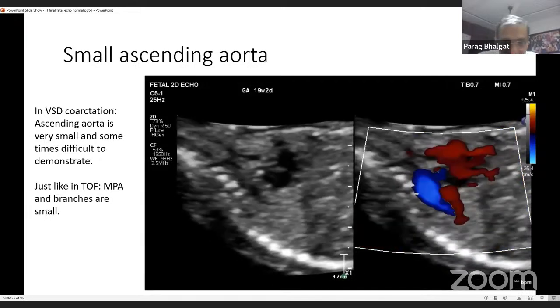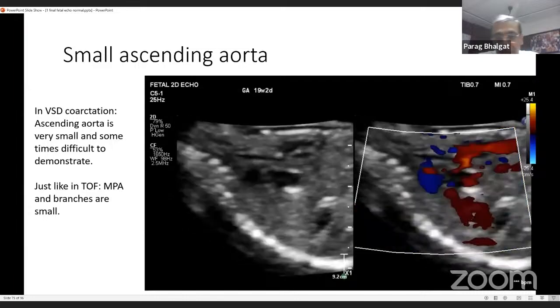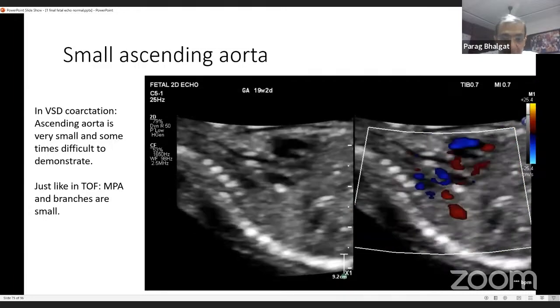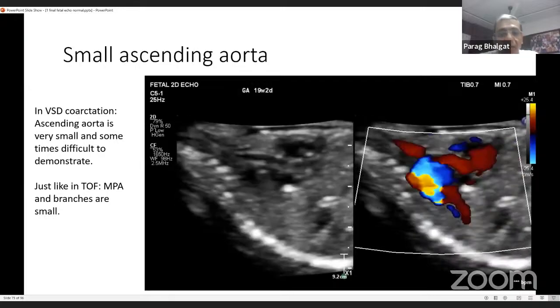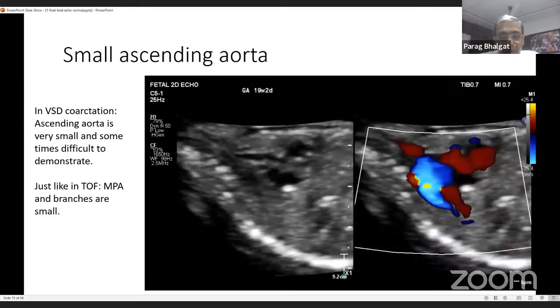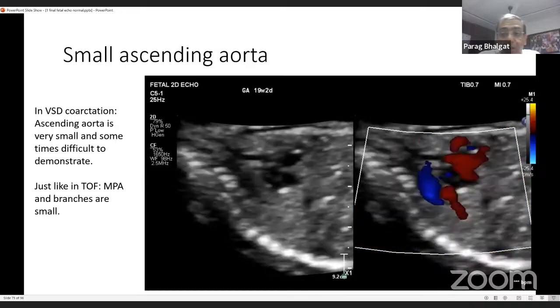People tend to see only the MPA, not demonstrating the aorta, and label it anything from tetralogy with pulmonary atresia to truncus. So if we see only one vessel, always try to demonstrate another vessel. Color flow imaging may be helpful. A very small vessel may not be seen, but color flow imaging can show you another vessel.